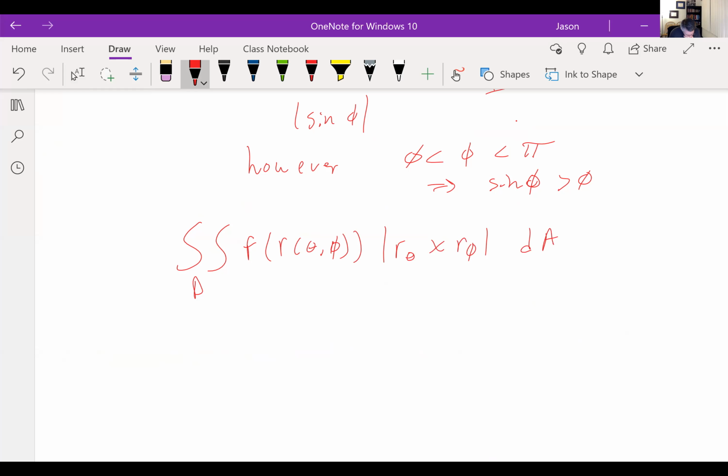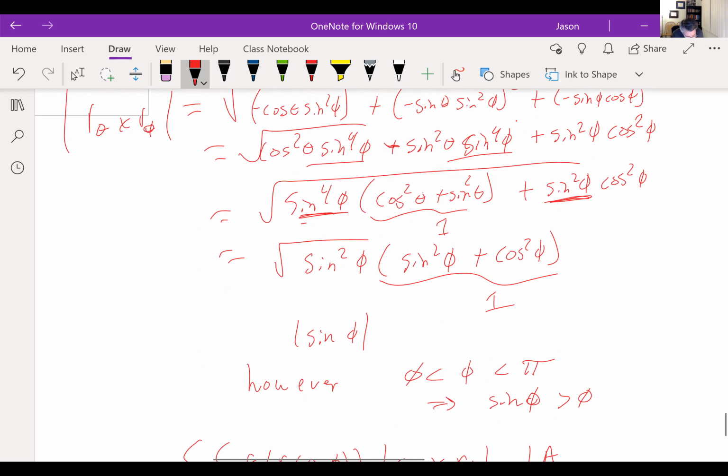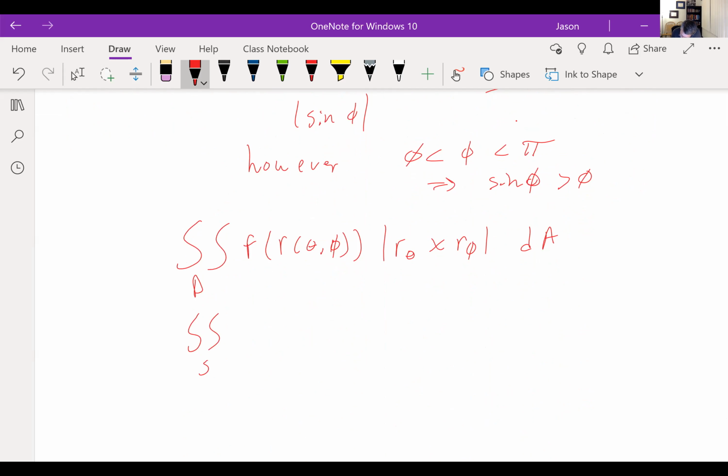Let's see what's going on here. What was the original? The original was we wanted the surface integral of x squared dS. And we went through that whole work to find out that this thing was just sine phi. Boom. That was fun. And what's x?